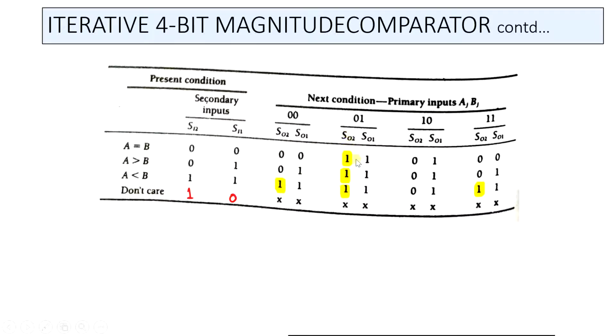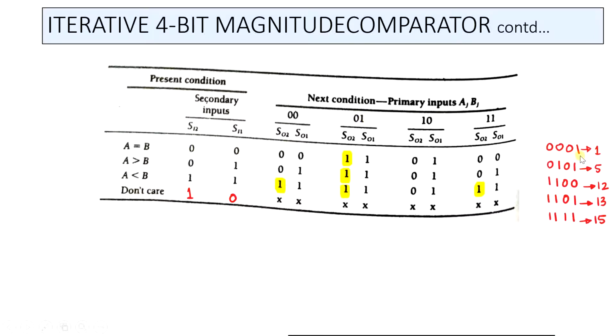So you have the first one, I have to locate corresponding to the secondary output. I am considering this first secondary output as SO2, which I have highlighted in the yellow color. So when I have to represent the minterm for this, it is going to be represented in terms of 4 variables, SI2, SI1, AJ, BJ. So if SO2 is equal to 1 in this case, it means that the minterm will be corresponding to the binary value of 0001.